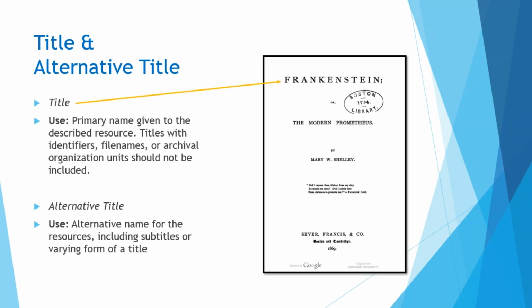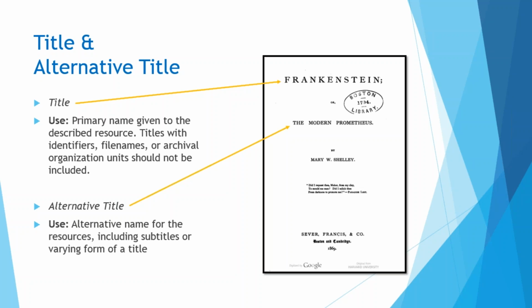So again, using Frankenstein as an example, the alternate title might be Frankenstein or the Modern Prometheus as a fuller version of the title, or simply the alternate title could be the Modern Prometheus. The alternate title field is not required and it is repeatable. And the title field is visible in the DPLA, but the alternate title will not be visible.